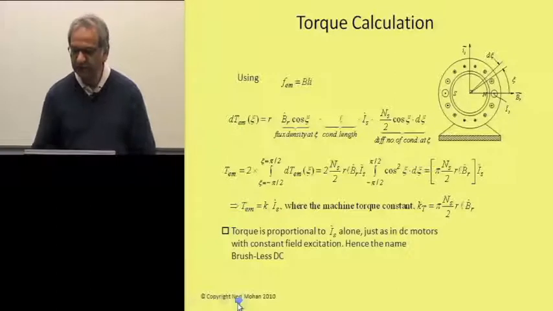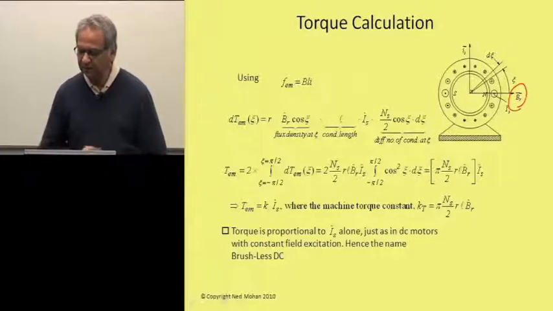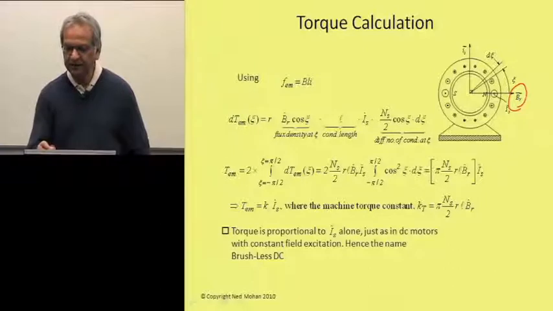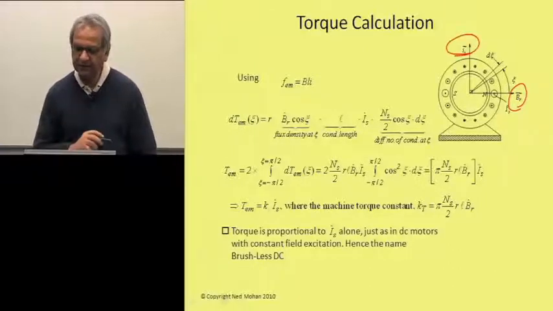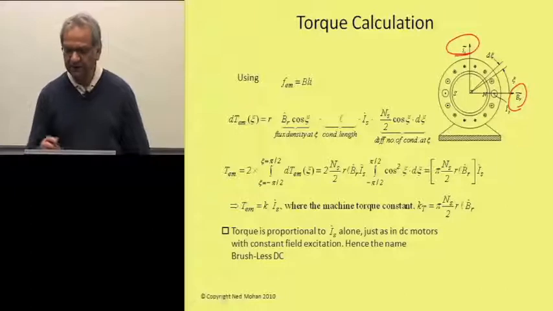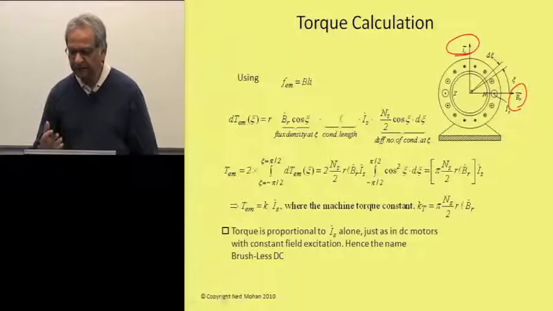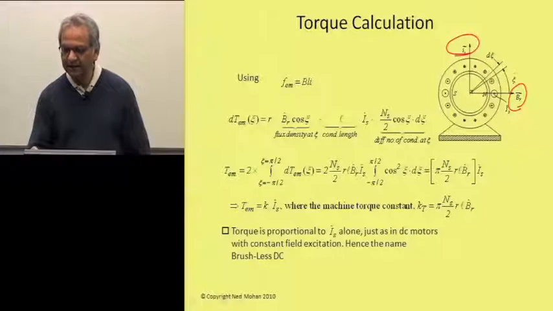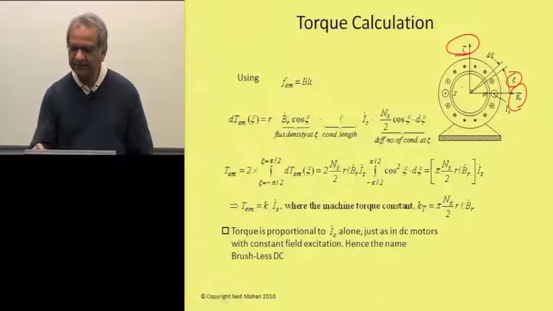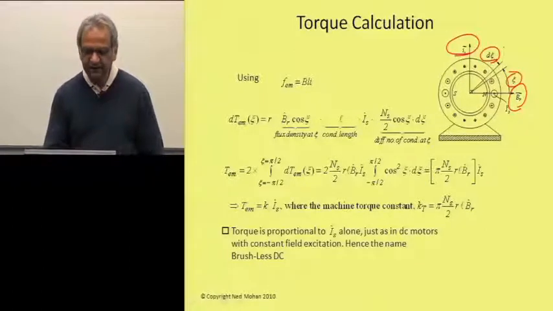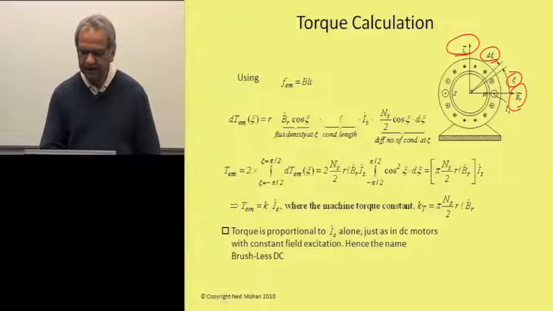And that we could do by, first of all, to make our life easier, say that this B sub r space vector is horizontally located like this. In that case, the I sub s space vector is over here, and we can see this hypothetical winding orientation, and we can take some angle zeta, and in this differential angle d zeta here, we have this many differential number of conductors.